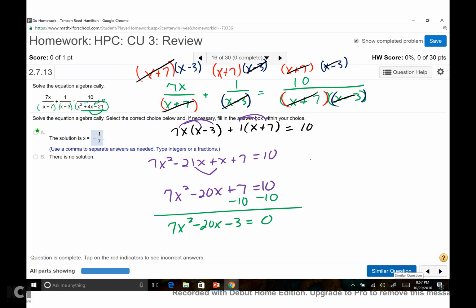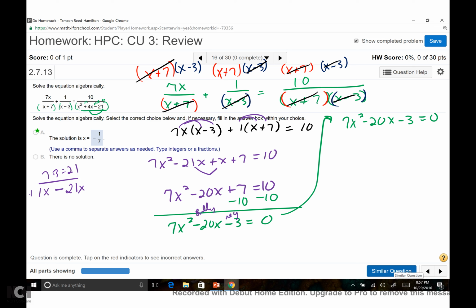And now, I'm going to write that up here. This one is not an easy factor. I'm going to have to rewrite b. 7 times 3 is 21. Factors of 21 that make 20 would be 1 and 20. So, they're going to be x's. And since c is negative, only the bully gets the middle.